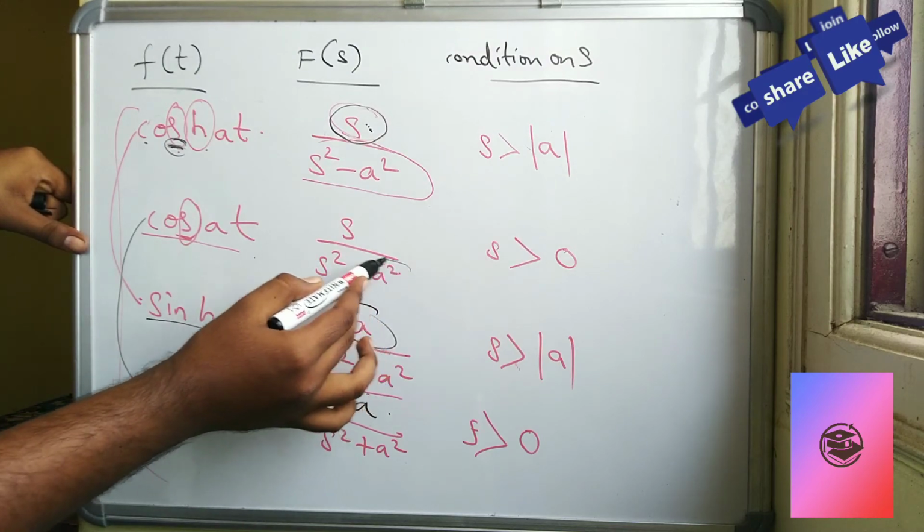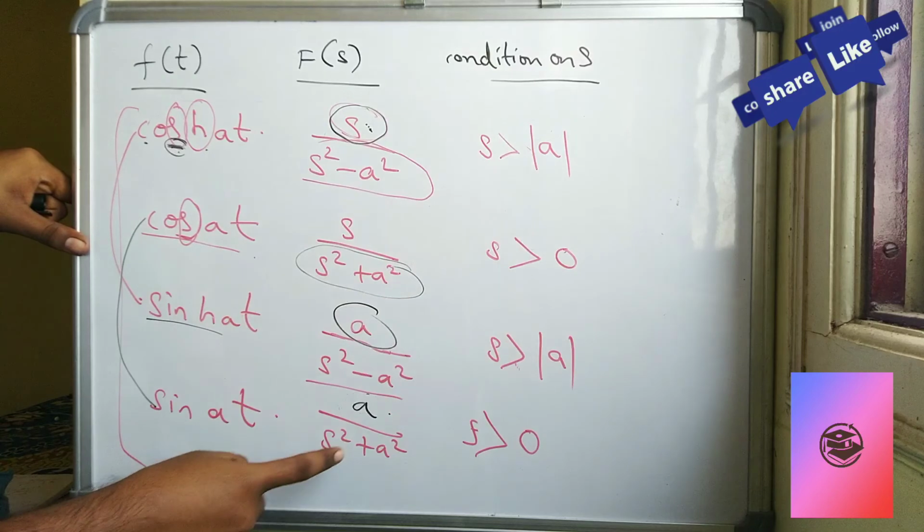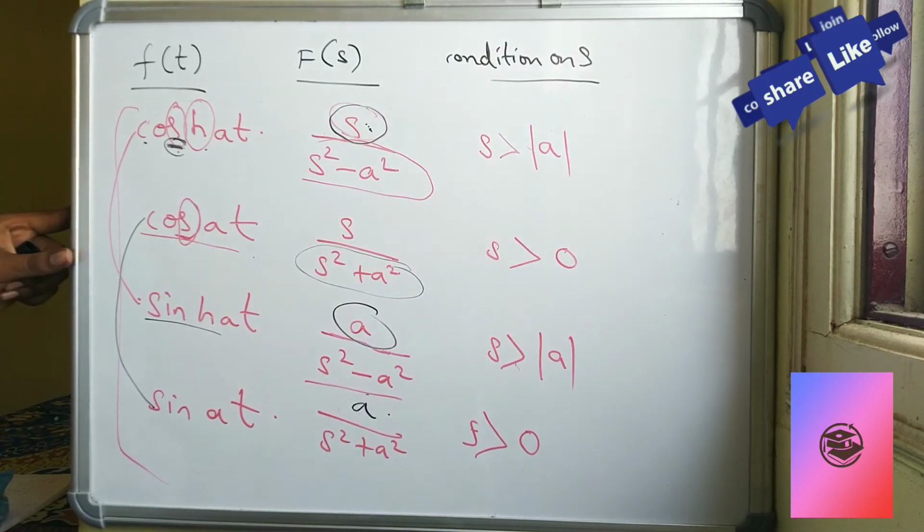The denominator is the same, s square plus a square, for both. This is the way you can remember them. There are around 7 standard formulas that you have to learn. Based on this, we'll be solving some problems.